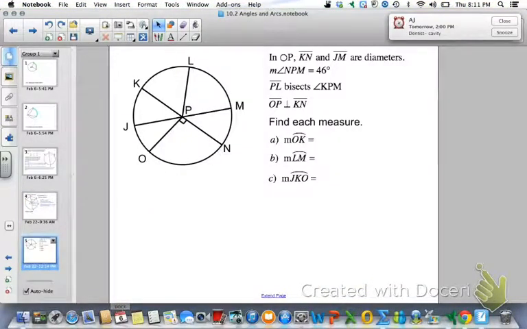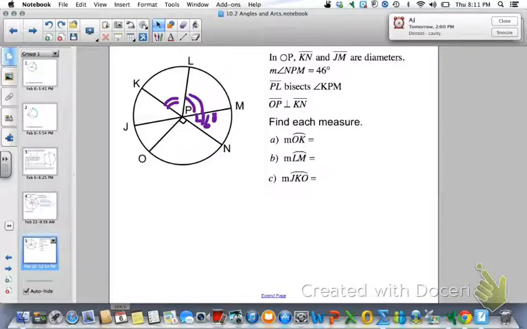In this example, we've given you some information in circle P that KN and JM here are diameters, that NPM equals 46. Let's put that in there. That PL bisects angle KPM. That means these two angles right here are congruent.